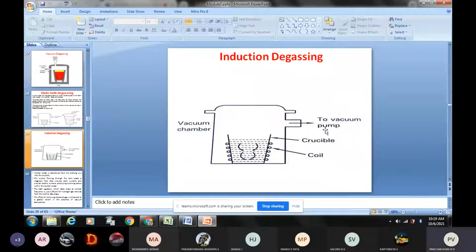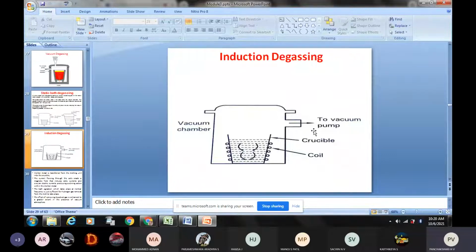This vacuum pump continuously sucks out the gases released from the liquid metal. Dissolved gases will be released at the surface, and that released gas will be pumped out using the vacuum pump.